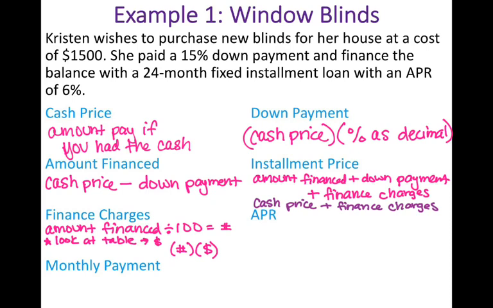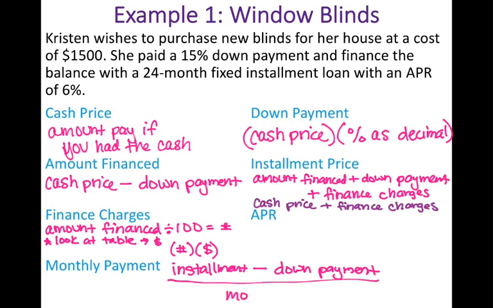Okay, monthly payments. Monthly payment is going to be the installment price minus the down payment divided by the number of months.